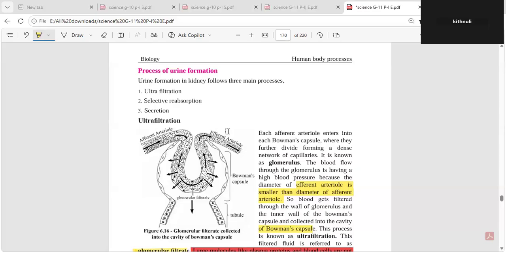So this ultrafiltration is a filtering process, right?